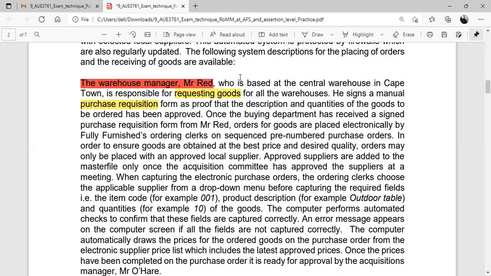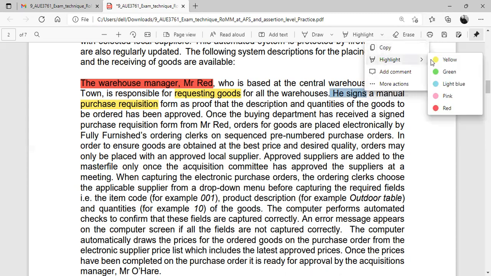Okay. So it says he signs a manual purchase requisition form as proof that the description and quantities of the goods to be ordered have been approved. Right? So what did I say signing is? It's validity.